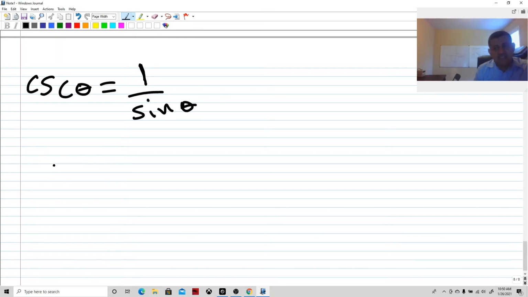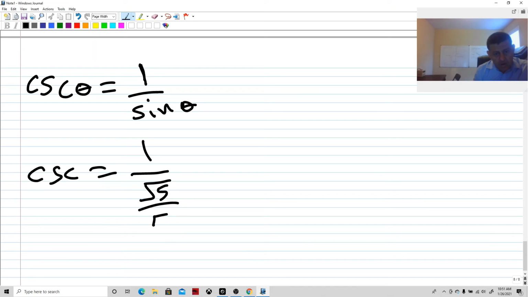In this case, sine of theta is radical 5 over 5. So cosecant of theta is going to be 1 over radical 5 over 5, which is equal to 1 times 5 over radical 5. Remember, I am flipping and multiplying, inverting to multiply.